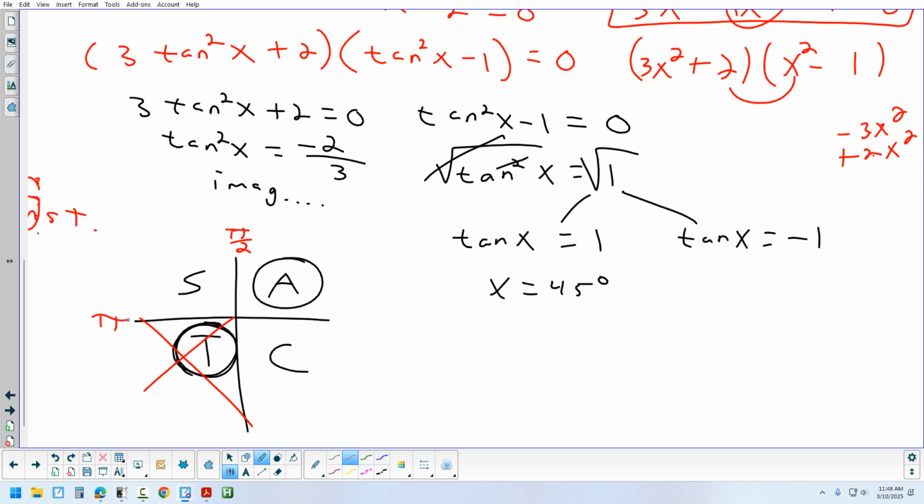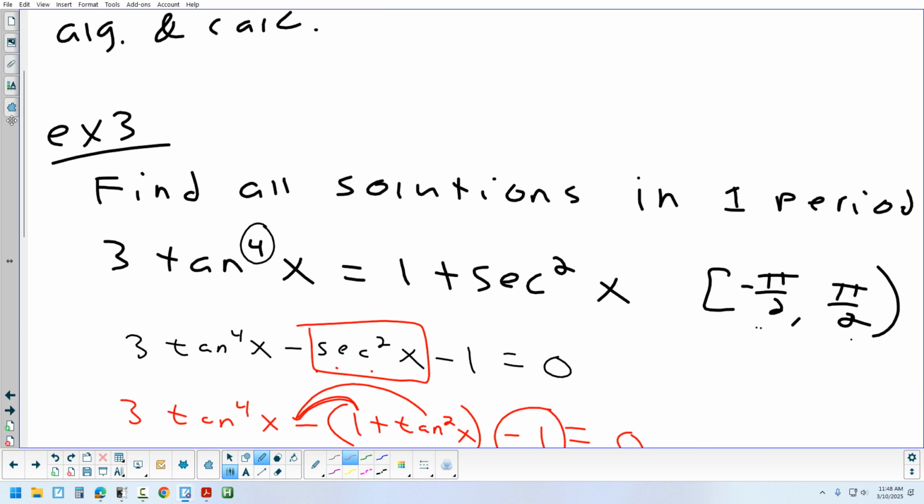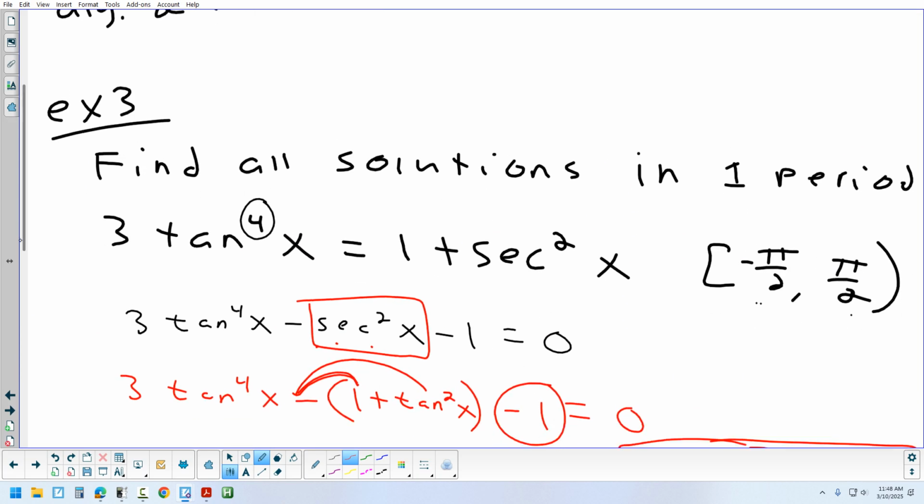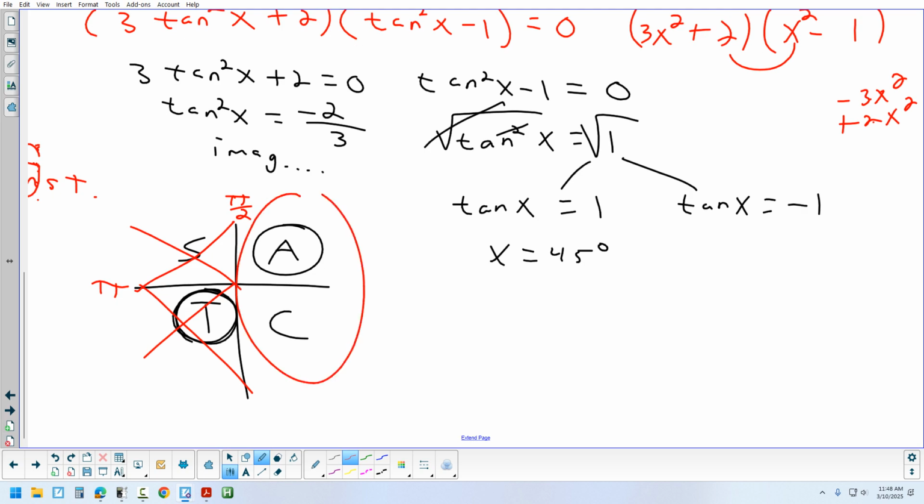Is this area above it between negative pi over 2 and pi over 2? No. So if you have any answers on this half of the diagram, they specifically said they don't want them. They only want answers here.